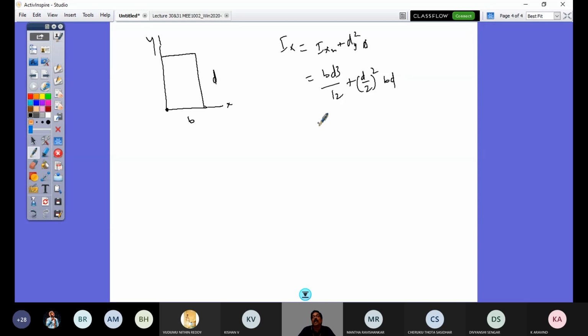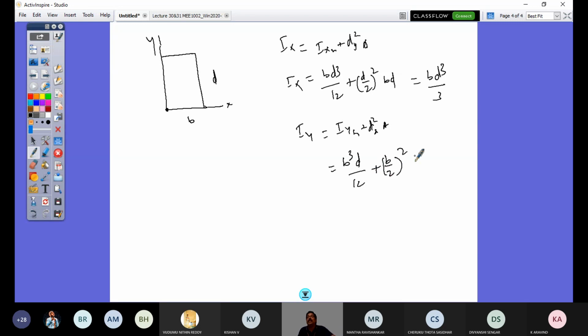And what is my Iy? In the other way, Iyg plus dx square into A. So that's going to be B cube D by 12 plus B by 2 square into BD. That's going to be B cube D by 3. So I have these formulas. So now you see again, I cannot say this value is the greatest value for this section about x-axis or about y-axis.